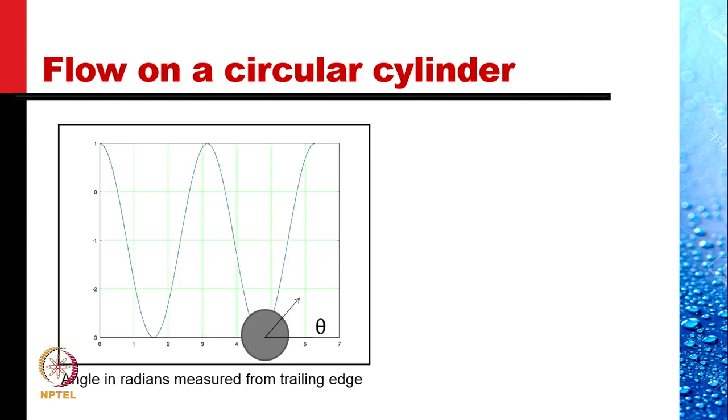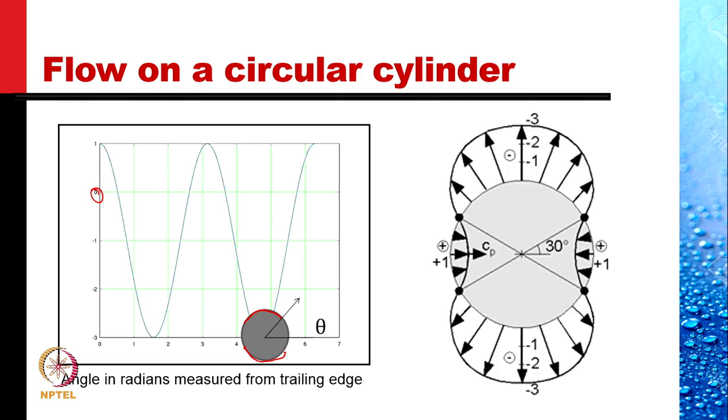On the other hand, if we use the Euler equation to calculate the coefficient of pressure on a circular cylinder, we get this variation. This is 0. So, at the nose, there is positive pressure coefficient. Same at the tail, and over the bulk of these surfaces, we have negative pressure coefficients.